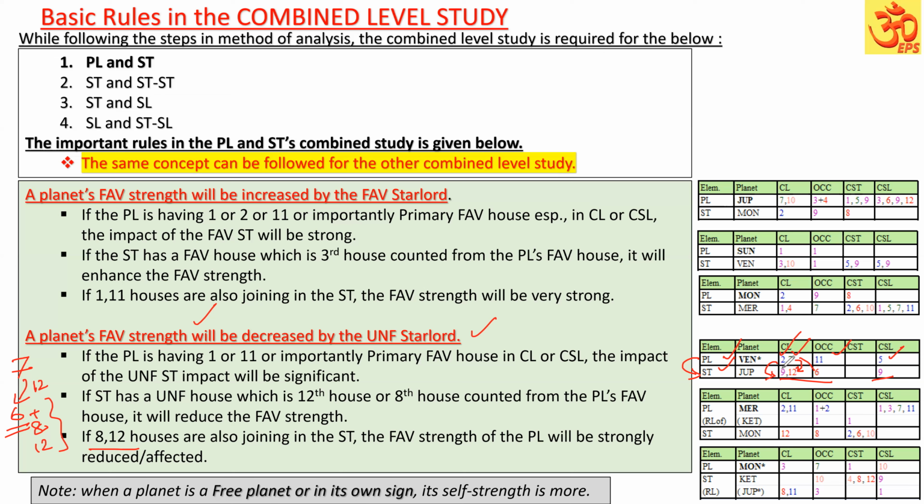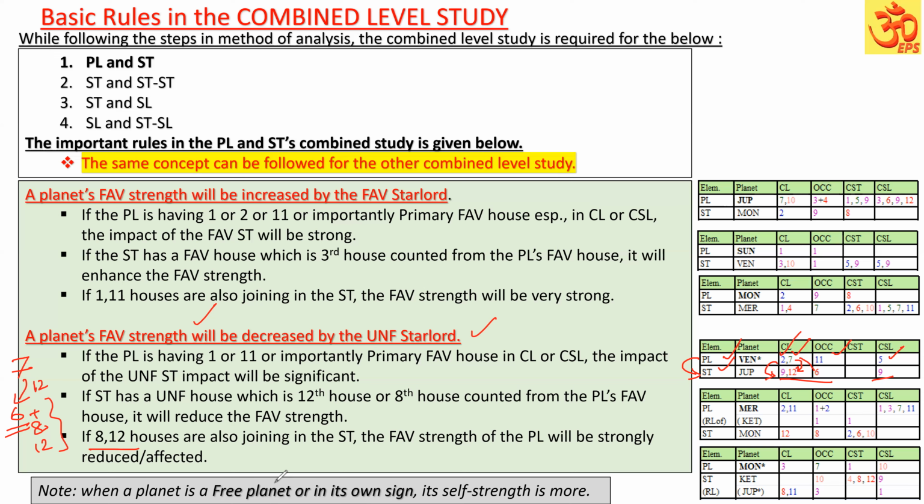So it is also increasing the intensity of the 7, but also having some weakness. So favorable strength is going to be reduced by the unfavorable. In addition to that, the favorable is also getting some strength from the favorable star lord. I hope you have understood.